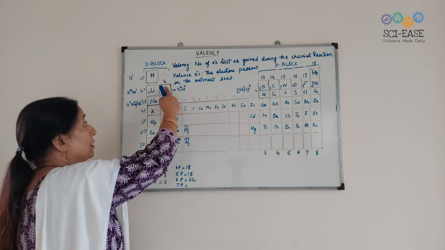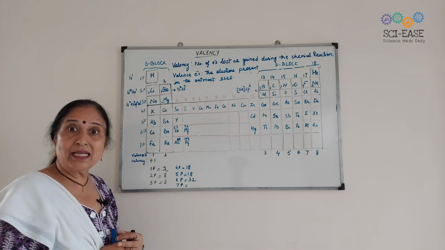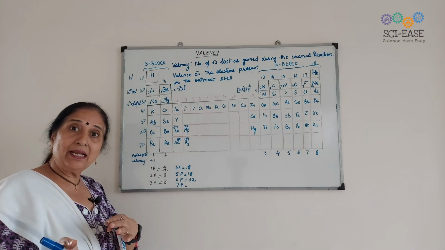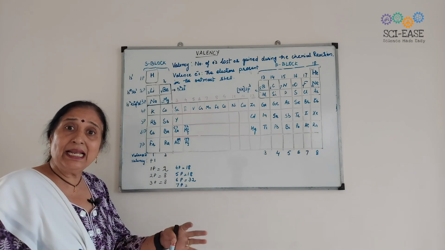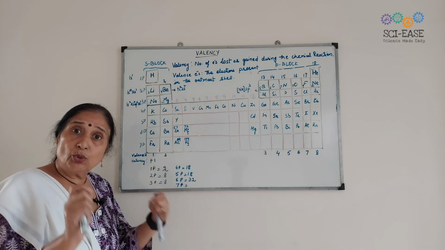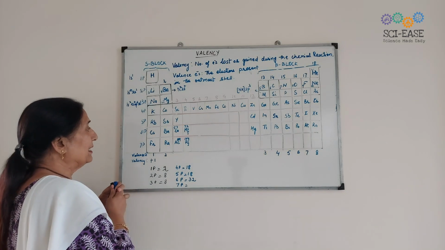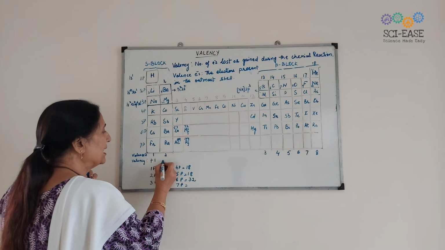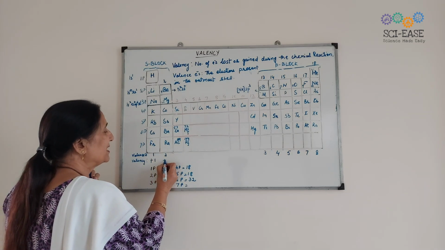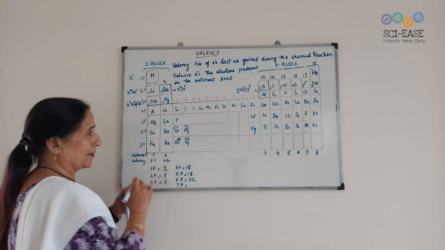So, what is the valency of these elements? That will be 2, because they can easily lose these 2 electrons and they can acquire the nearest noble gas configuration. So, it has valency of plus 2 because they are losing.